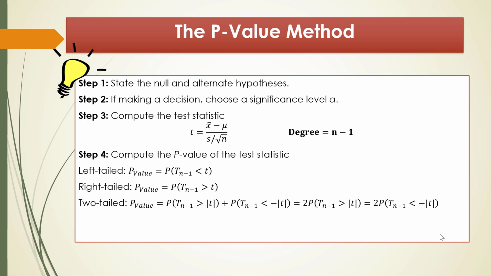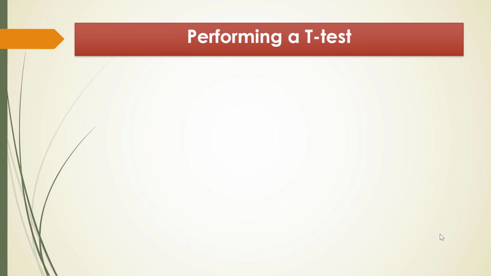Right tail, the p-value is the area to the right of the test statistic. Two tails, the p-value is the area to the left of the negative test statistic plus the area to the right of the positive test statistic, or 2 times the area to the right of the positive test statistic, or 2 times the area to the left of the negative test statistic. Step 5, if the p-value is less than alpha, we reject the null hypothesis.